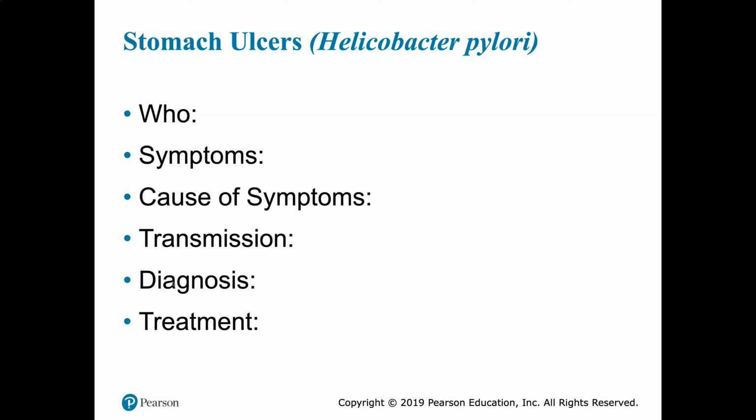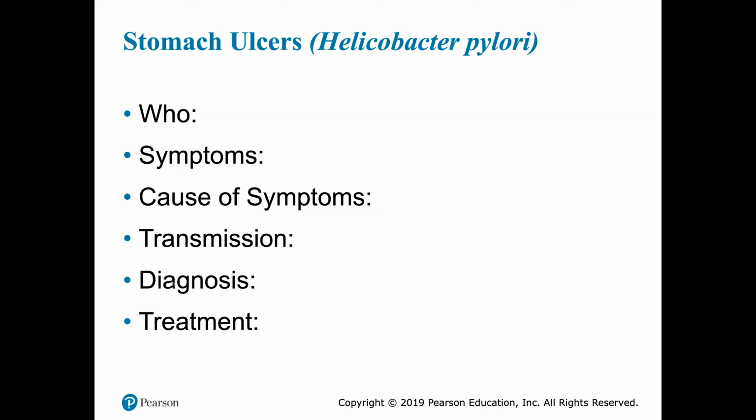Because if your stomach is bleeding, right, it's going to go through the small intestine, through the large intestine, and then out through feces. So you may see blood in the stool. That is a possibility. Not a definite, but it could happen.